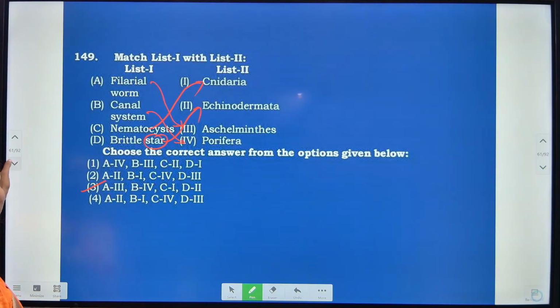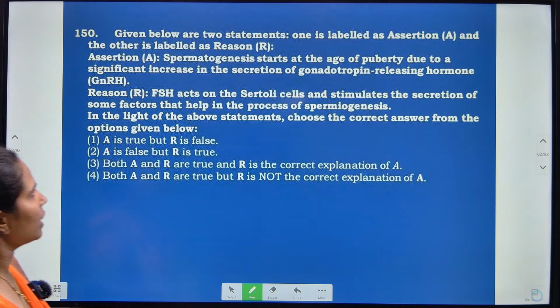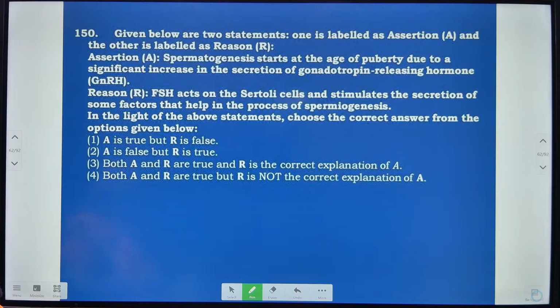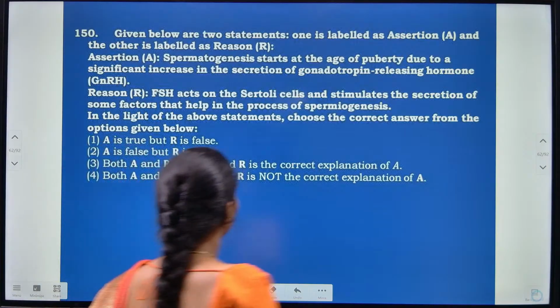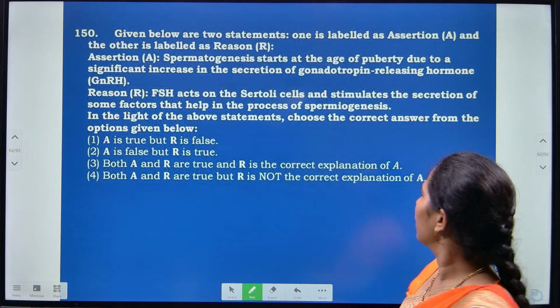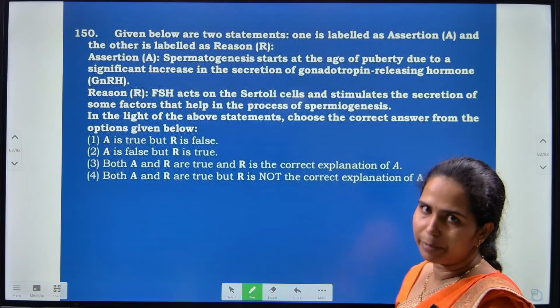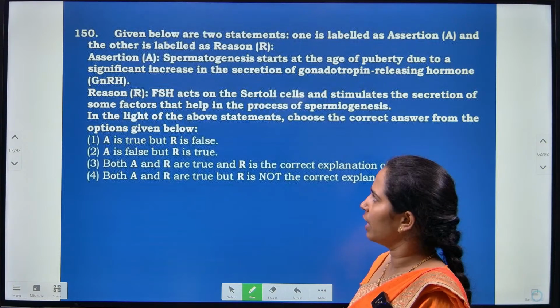That is the right option here. Next, going with question number 150, given below are two statements, one labeled assertion A and the other the reason. Spermatogenesis starts at the age of puberty due to a significant increase in the secretion of gonadotropin releasing hormone, that is GnRH, which helps in the release of FSH and LH.